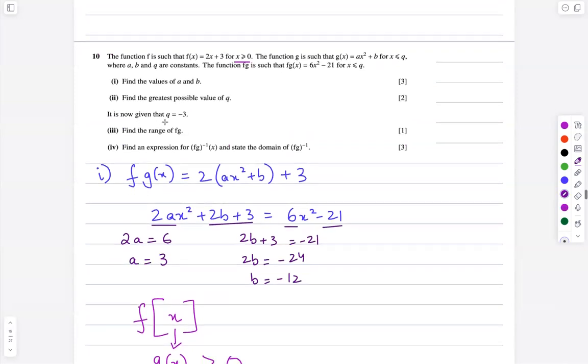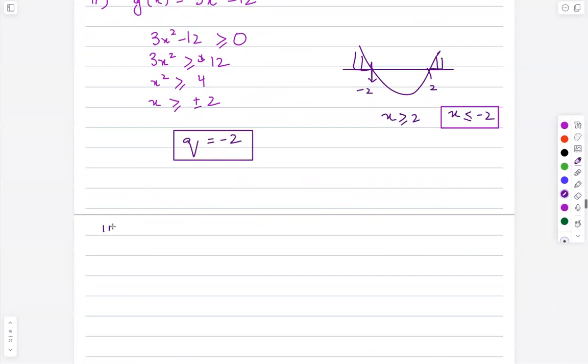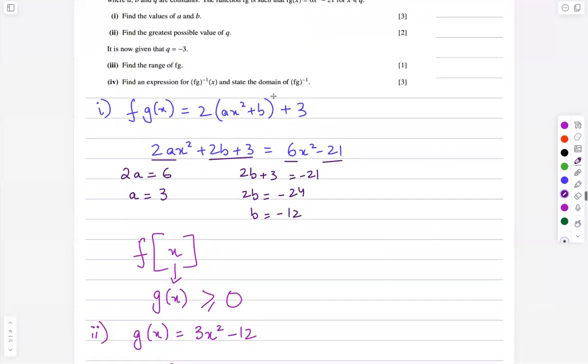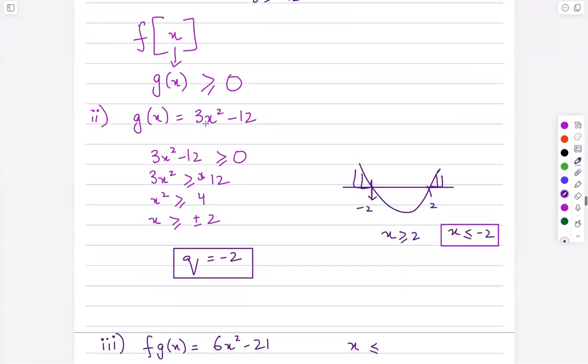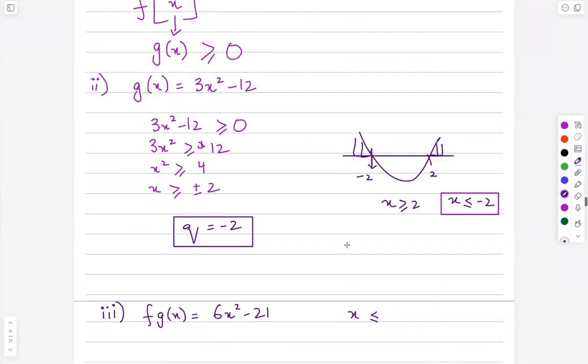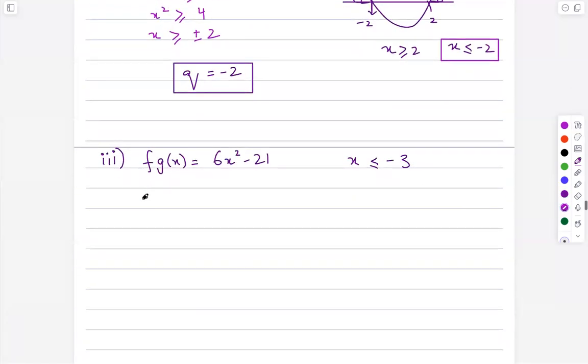It is now given that q is equal to minus 3. We have to find the range of fg. So in part 3, we know that fg of x is equal to 6x squared minus 21, and x is less than or equal to the value of q, which is given as minus 3. So we can substitute x equals minus 3 into this equation. So fg of minus 3: substituting minus 3, minus 3 squared is 9.